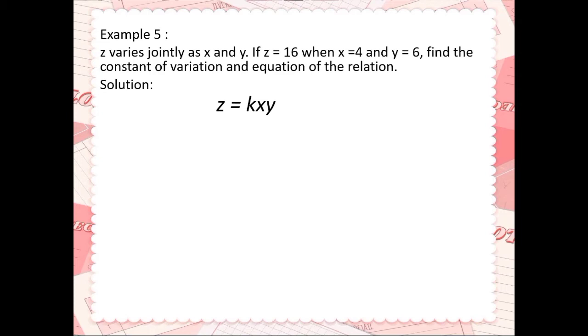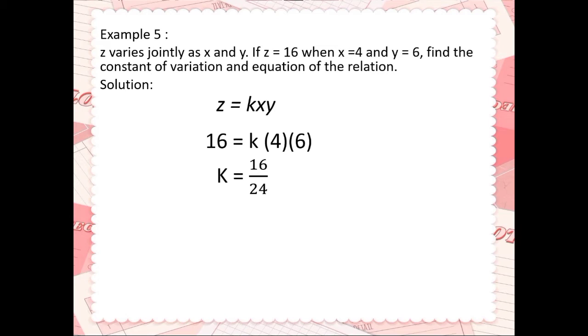Next, let us substitute the value of Z, X, and Y into the equation. Z is equal to 16 is equal to k times 4, which is the value of X, times 6, which is the value of Y. k is equal to 4 times 6 is equal to 24.